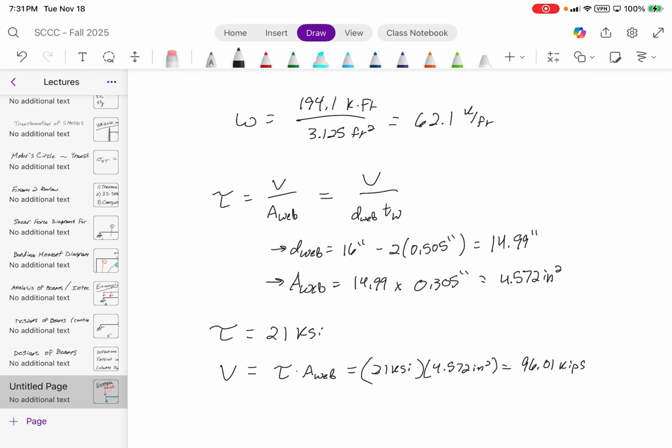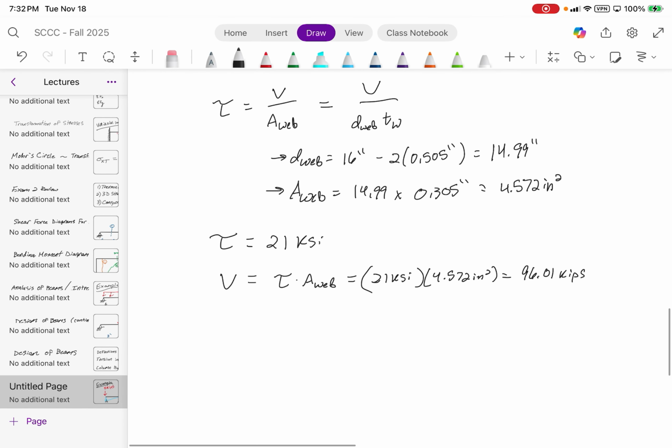All right. Any questions so far? Everyone following along? All right. From here, we have A web, we have the shear stress, we calculated V, but what is V also equal to in terms of the load? Does wL over 2 ring a bell? Look at figure 1 in your packets.